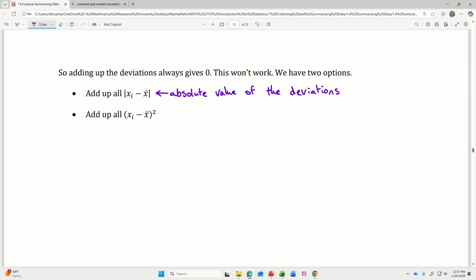Because if I take a positive number and square it, it becomes a positive number. And if I take a negative number and square it, it also makes a positive number. Oh, so I could do that instead. Take these squared deviations. And this is what we're going to do.